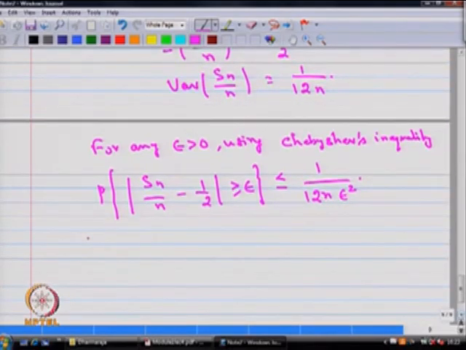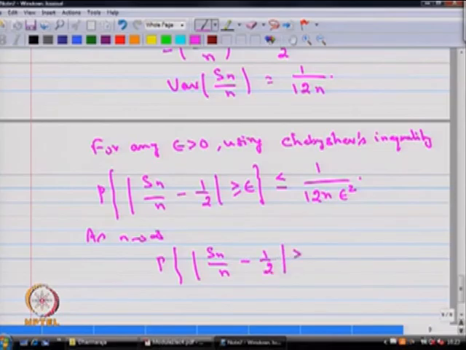Now, as n tends to infinity, the probability of absolute value of S_n by n minus 1 by 2 being greater than or equal to epsilon will tend to 0, because n is in the denominator.